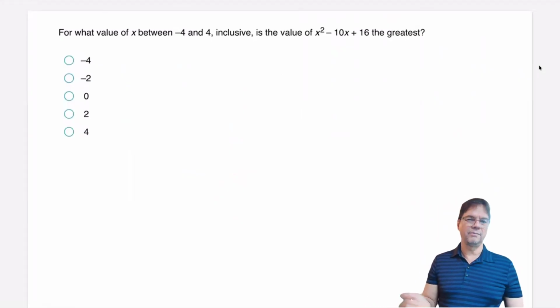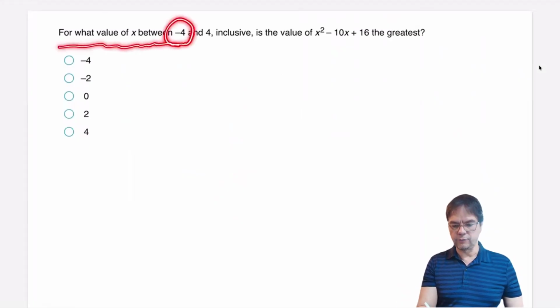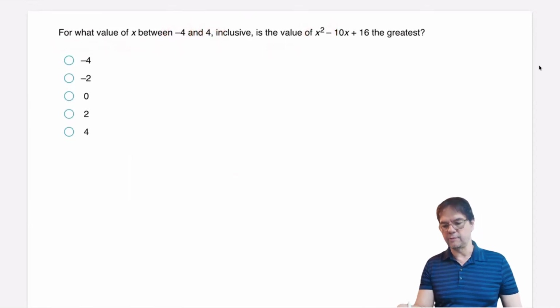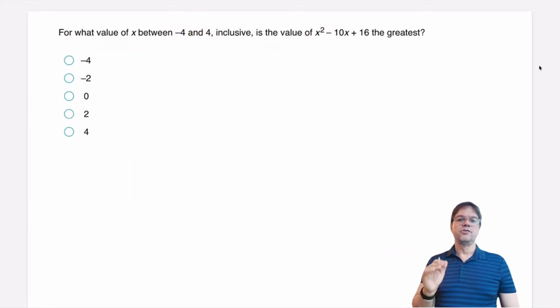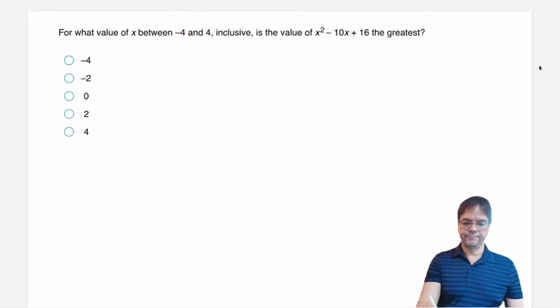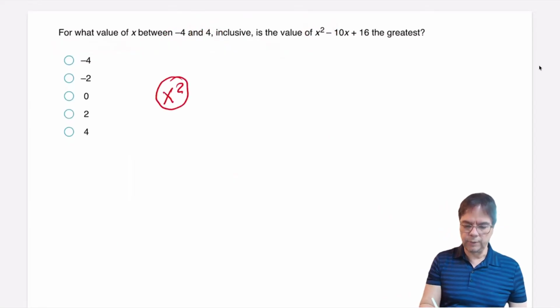This one, okay, 2 minutes is sufficient. So pause. For what value x between -4 and 4 inclusive is the value of x squared minus 10x plus 16 the greatest? Check the signs. Whatever I put here will always be positive or 0.